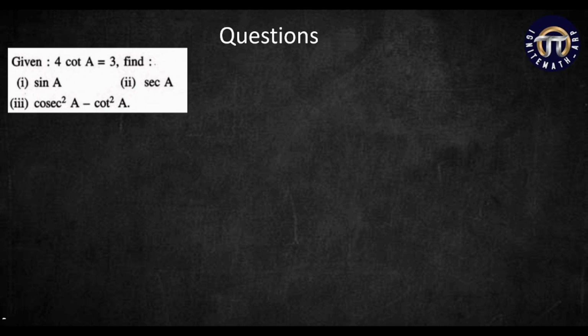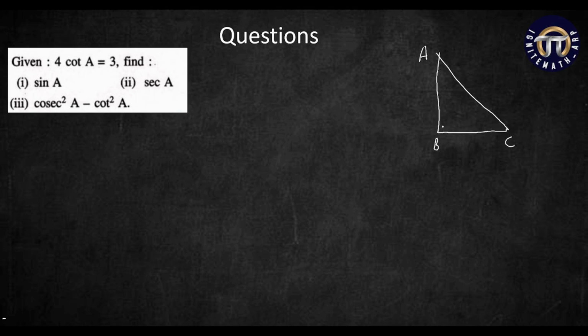See, it is given that 4 cot A is equal to 3. Find sin A, sec A, and cosec square A minus cot square A. First of all, I will take a right angled triangle. You can call the vertices anything, children, no issues.